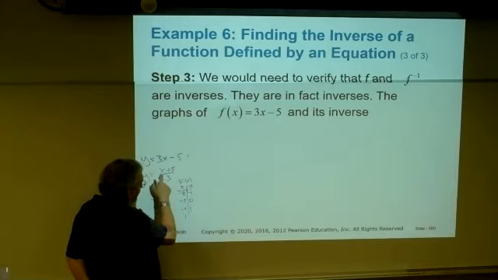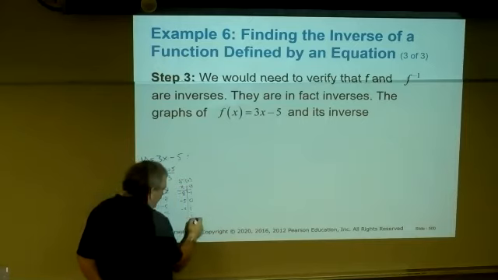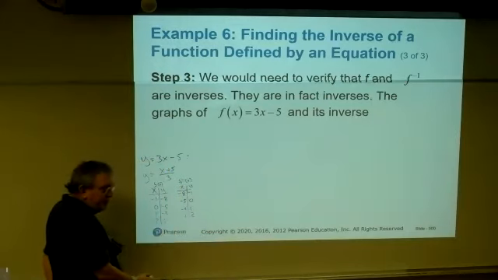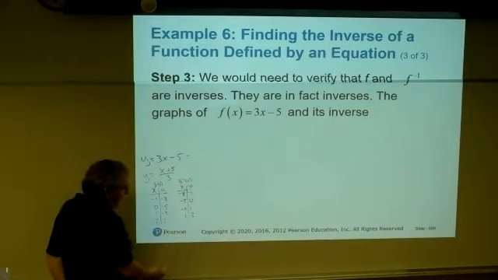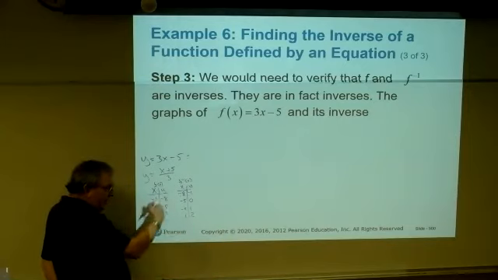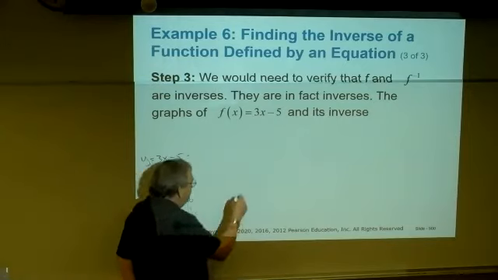And putting 1 in here, I get 1 plus 5 is 6, and 6 divided by 3 is 2. So my x's and y's did flip-flop. My x's over here are my y's over here, and my y's over here are my x's over here. So it verifies that they are inverses.